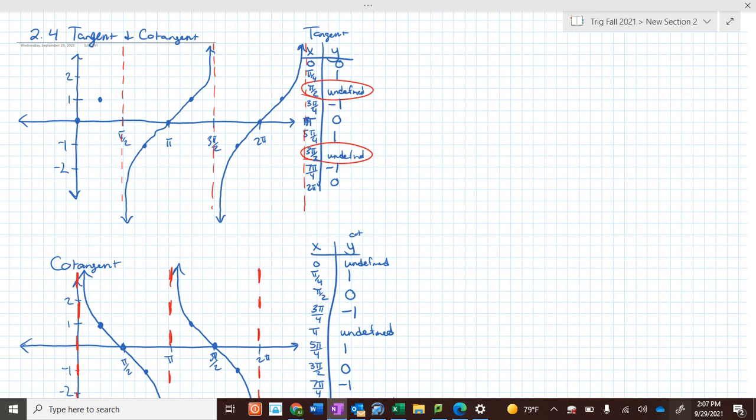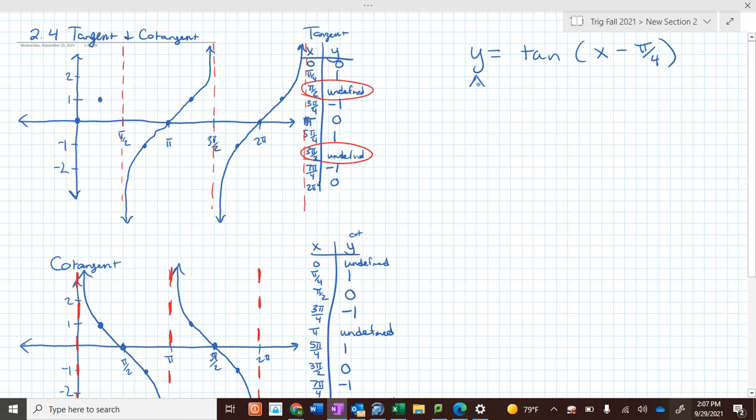You should be able to handle it. But let's say we had y equals the tangent of x minus pi over 4. The tangent of x minus pi over 4.